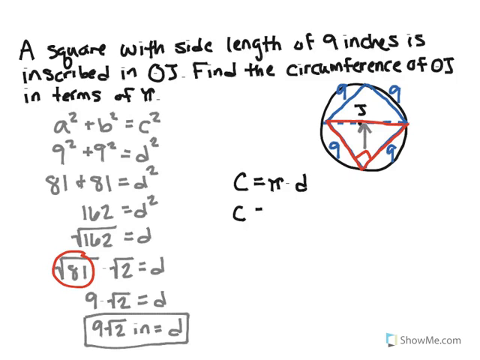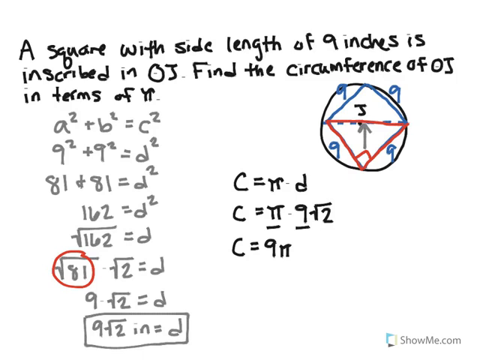So we're going to replace our D with 9√2, and since we also have to leave our answer in terms of pi, we're really not going to calculate anything, but we're just going to rewrite this so that it's written properly. So again, the whole numbers that I see, or the whole notation pieces, is the pi and the 9. And the one that gets written first is the 9.